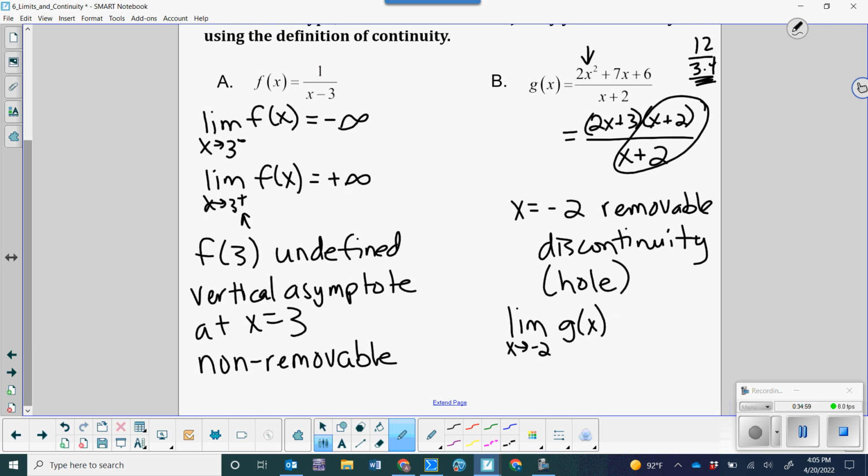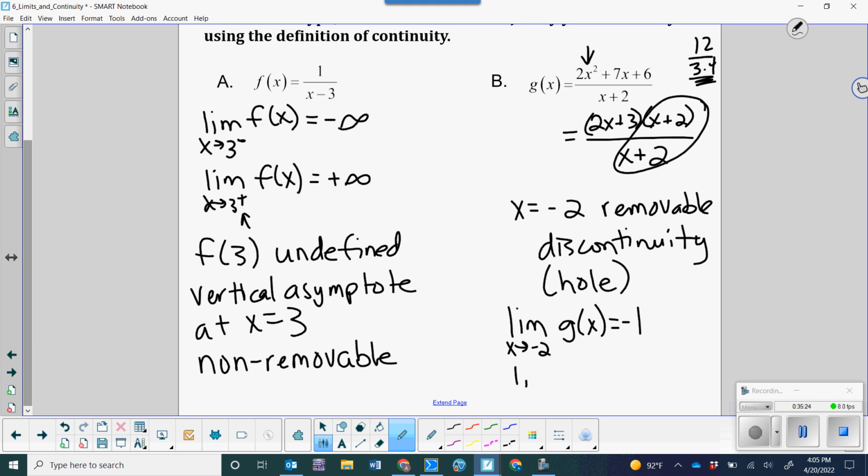We would actually get an answer, and the answer that we would get is easy to figure out because remember, you can cross those factors off. Don't do it now because then an equal sign would be wrong, but imagine crossing them off, plug -2 in, and you're going to get -1. So that means that limit is -1, but the function value does not equal that.